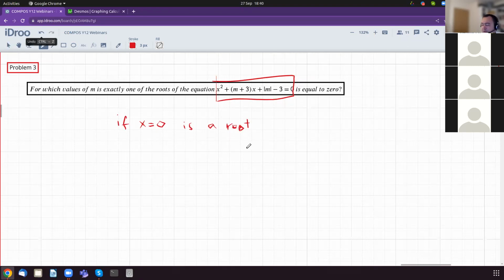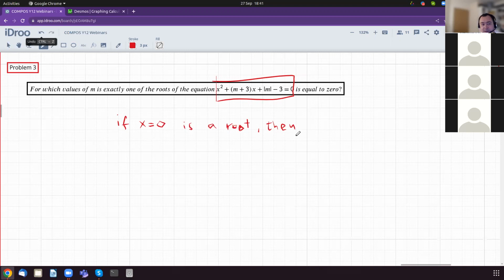If x equals 0 is a root, it could have 1, 2, 3 roots.